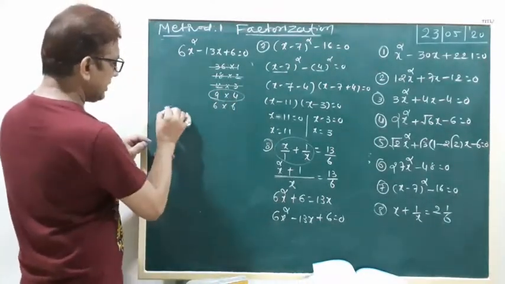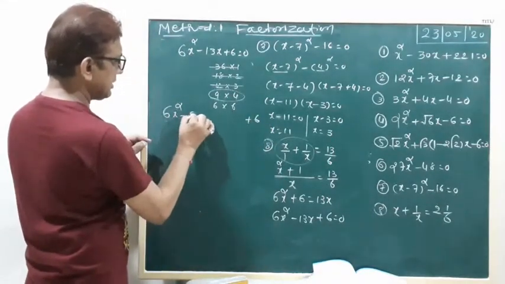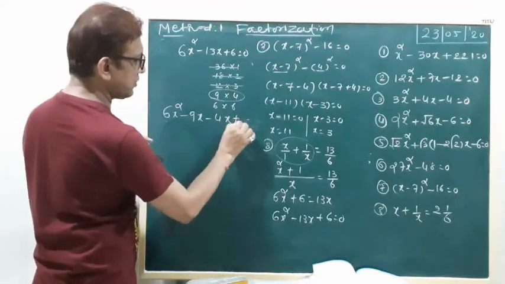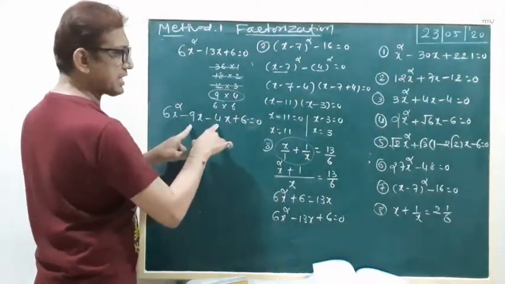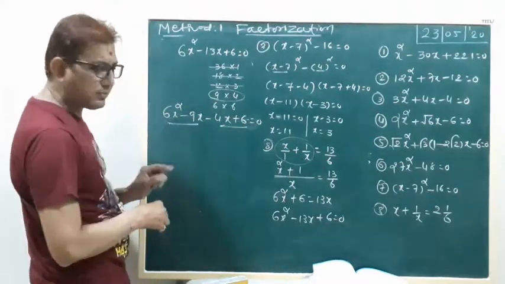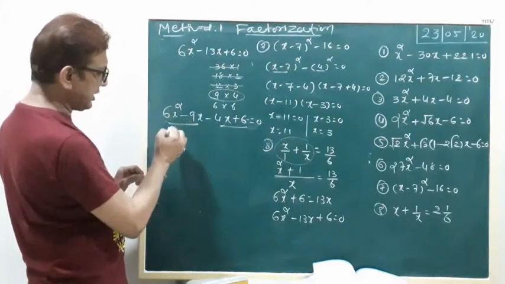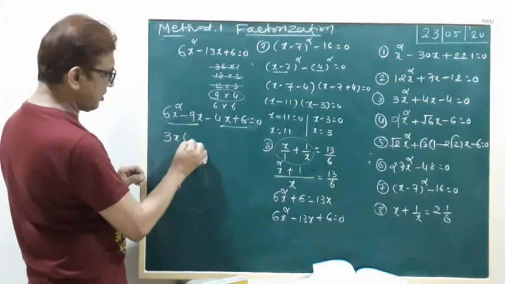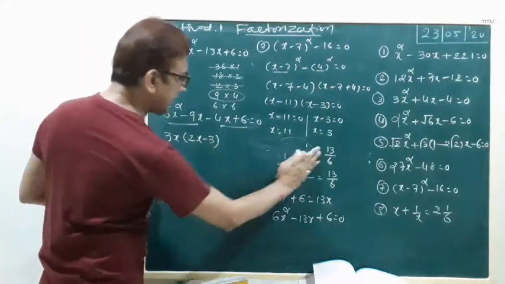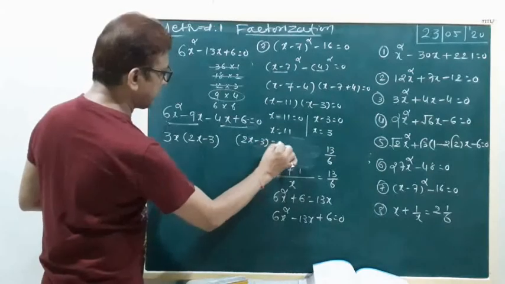So 6x square minus 9x minus 4x plus 6, because the last term is positive, so we give the same sign to these two numbers. Now which number is common? Here 3 is the common factor: 3x common, 3 2s are 6, 3 3s are 9. Same again, 2x minus 3 equal to 0.